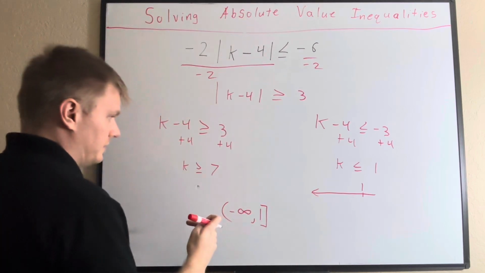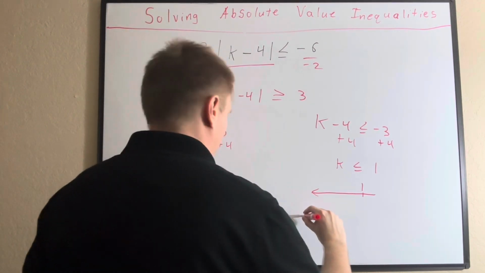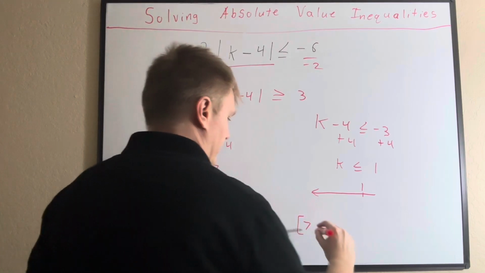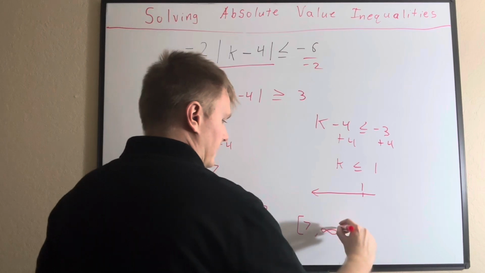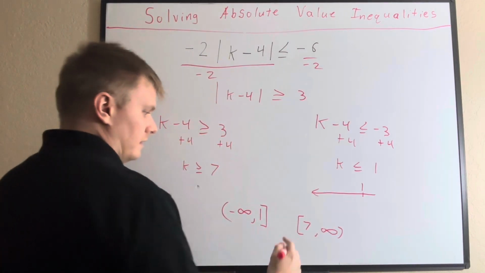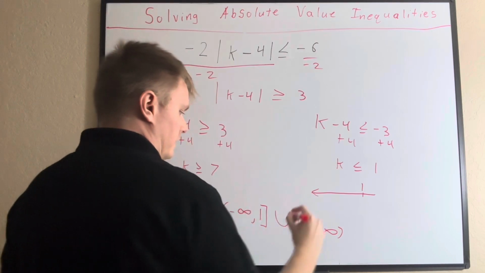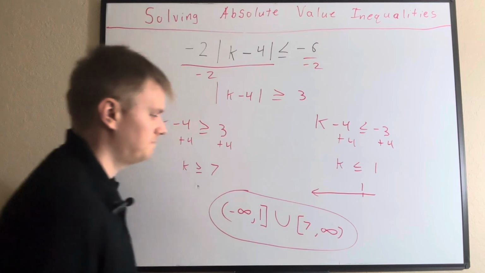And k is greater than or equal to 7, right? So it'd be including 7, and we'd be going to positive infinity. And how do we combine those? Say they're in union, and there's your answer in interval notation.